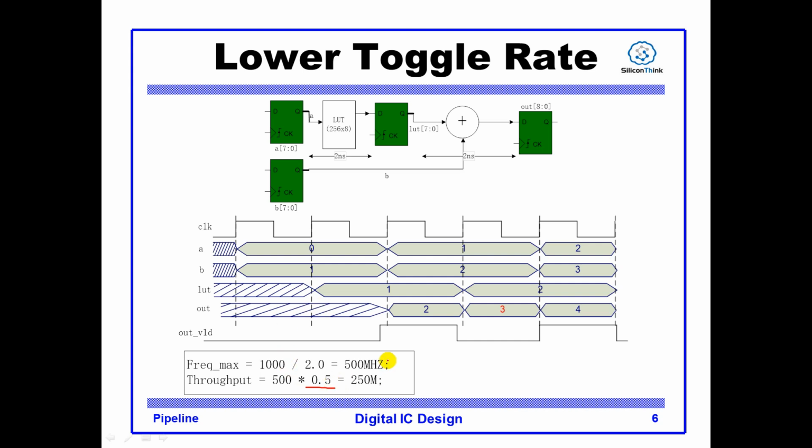Although you have doubled the clock frequency, you have decreased the efficiency, and when they are multiplied together, the throughput is still the same, 250 megabit. You make the circuit more complex, but you didn't get anything. So this is not a good solution.